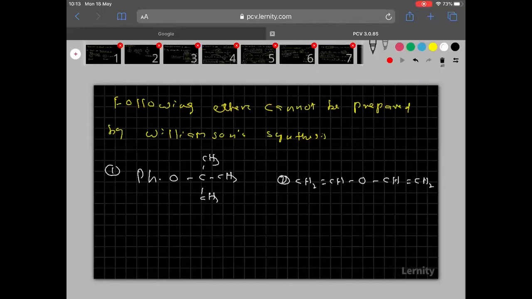But just now I told you, aryl substrate, vinyl substrate, and tertiary substrate never participate in SN2 mechanism. Remember, Williamson will follow SN2 mechanism. Clear everyone? And the third one is PhOPh, diphenyl ether. To prepare this ether, we have to take aryl substrate. I hope you are able to understand this one.